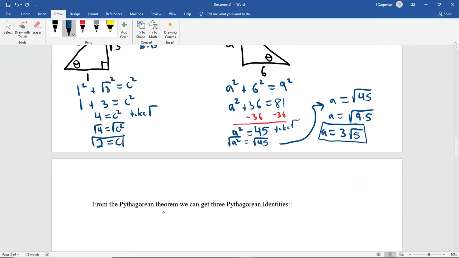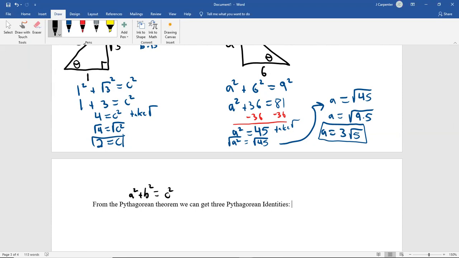And again, the Pythagorean theorem, I'll put above it, was a squared plus b squared equals c squared. Now, if instead of writing a, b, and c, you wrote opposites, adjacents, and hypotenuses, where they were appropriately supposed to be, then you can play around with this thing by dividing a bunch of stuff, and you end up getting these 3 things that I'm about to show you.